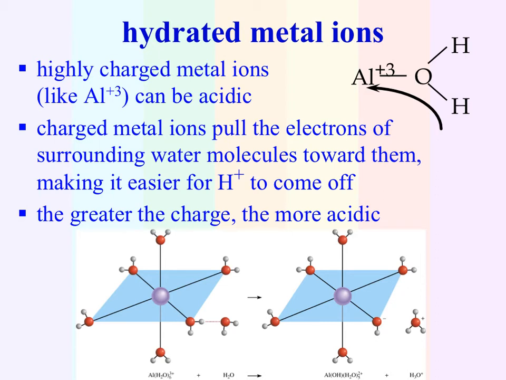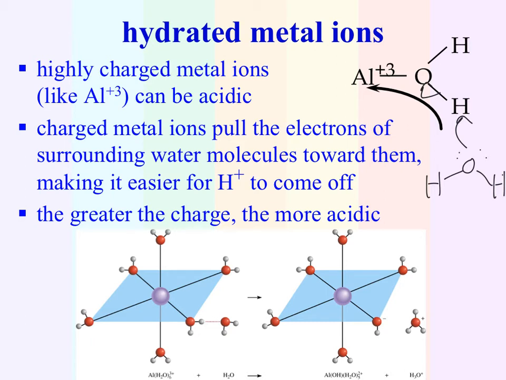What causes that is the fact that the charged metal ion, when it chelates these H2O molecules, pulls the electron density away from the OH bond. It polarizes this OH bond and makes it subsequently easier for another water molecule to come around and ionize off this hydrogen.